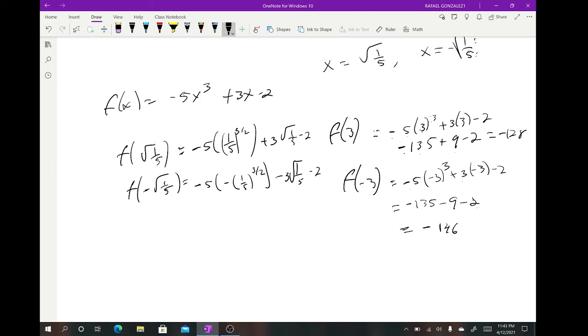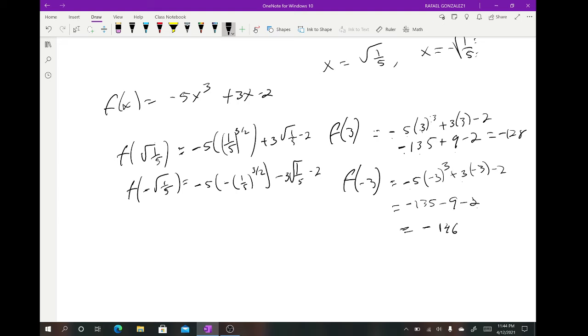So if you put on the calculator what this is, it's going to be negative 5 times 1/5 to the power 3/2, plus 3 times the square root of 1/5, and minus 2.